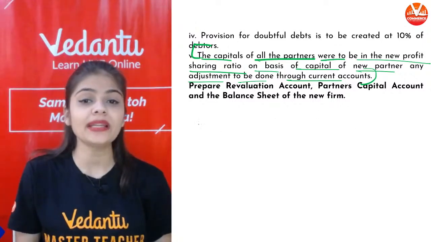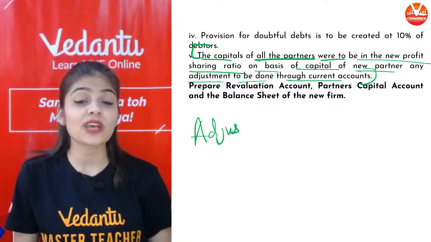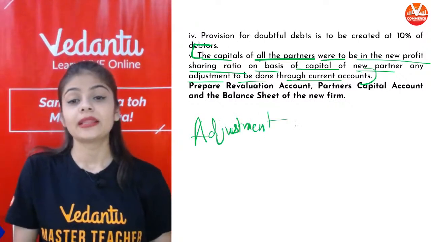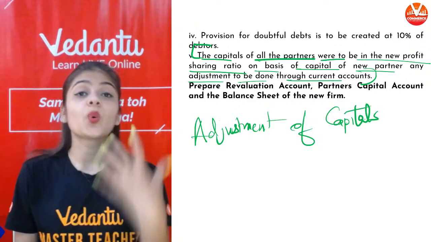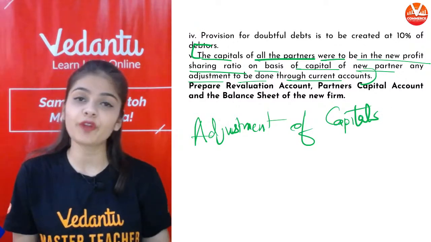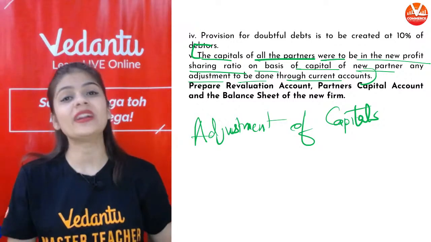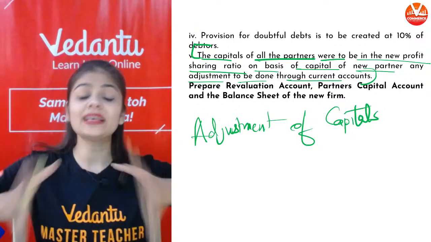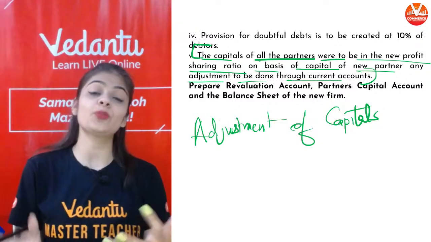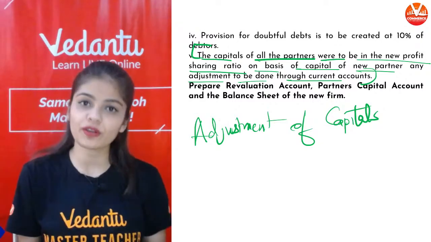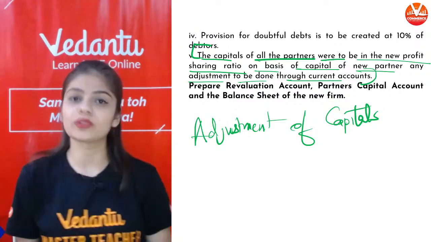So this point is for adjustment of capitals, which is now deleted from your syllabus because of COVID-19. So this is not in our syllabus, therefore I am not going to read this point or do the treatment of this point. So we will ignore this point.